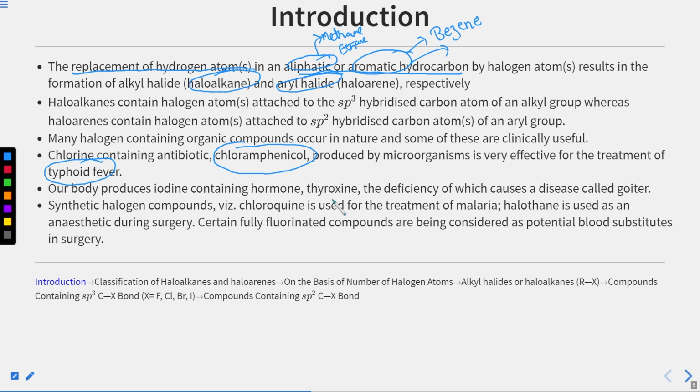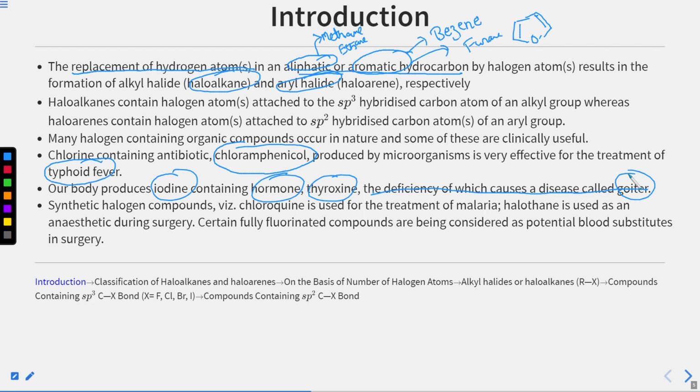Also, we need iodine containing hormones like thyroxine, the deficiency of which causes a disease called goiter. You must have heard this term goiter, in which you were told that if you take iodine containing salt in less amount, this would lead to a medical condition termed goiter, in which the area below your neck gets swollen.